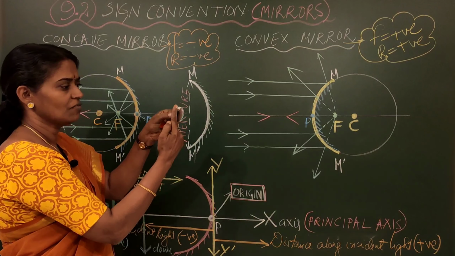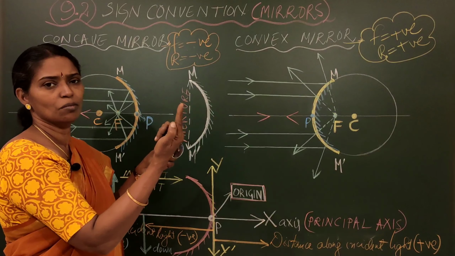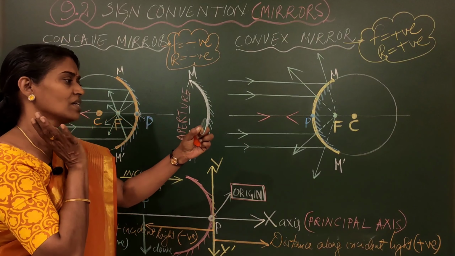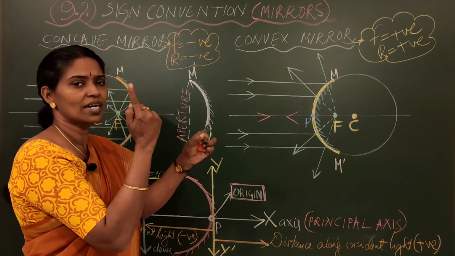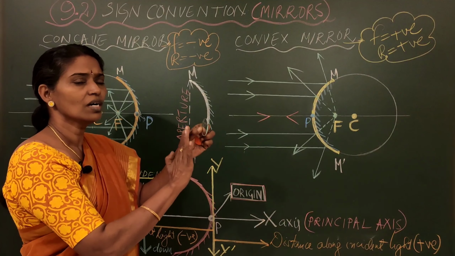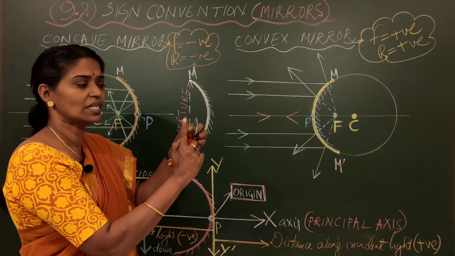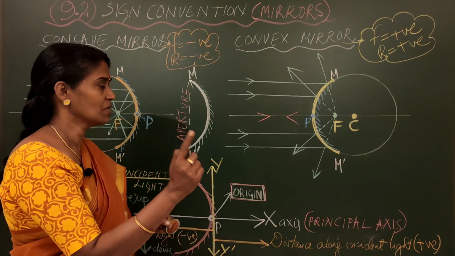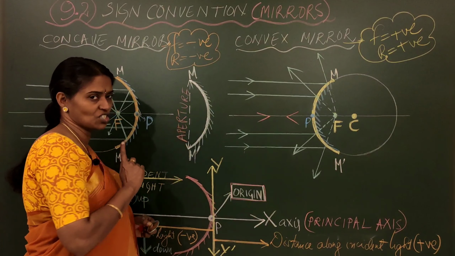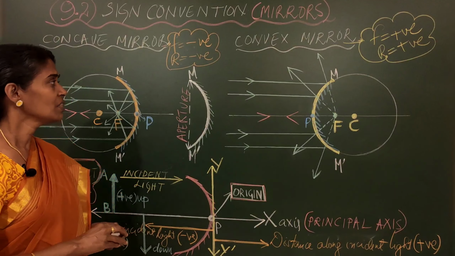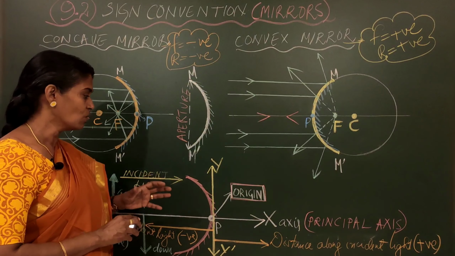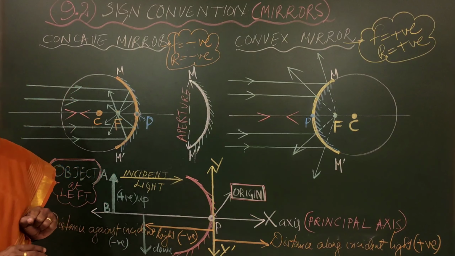So here, if you are measuring, it will be somewhat 3 centimeters. So light rays are received only in the 3 centimeter diameter portion. That is known as aperture. M dash. Okay? With these basic ideas, we will go to sign convention.